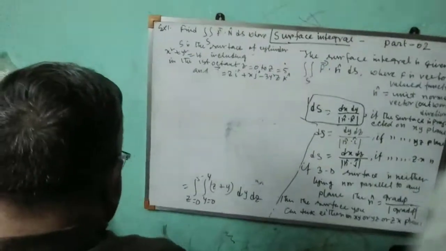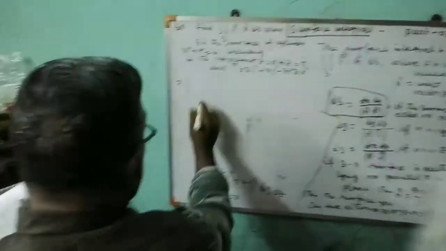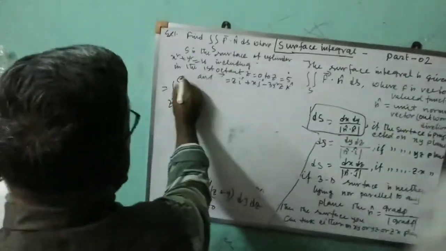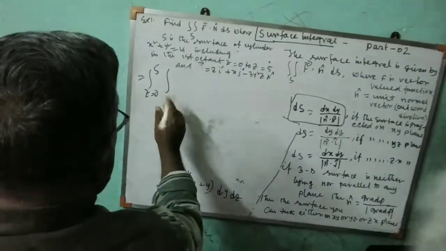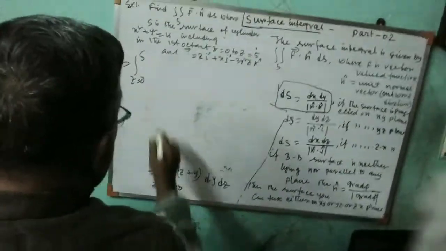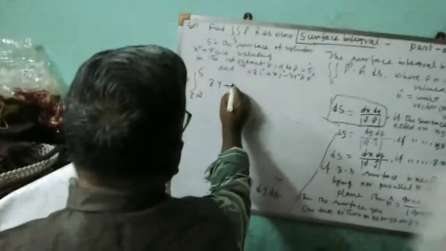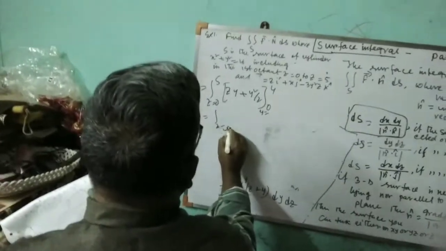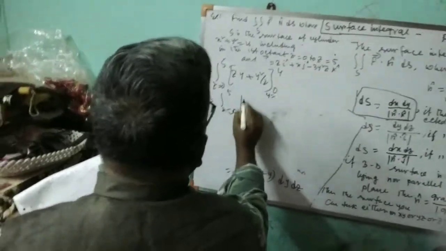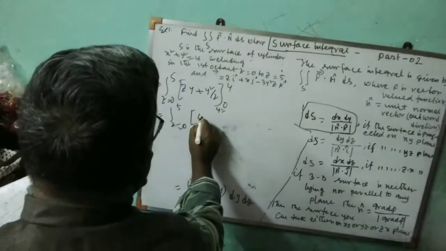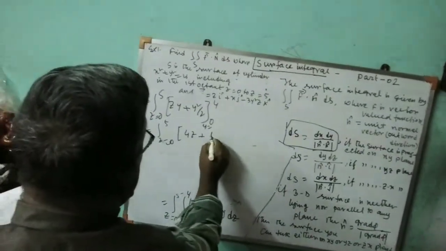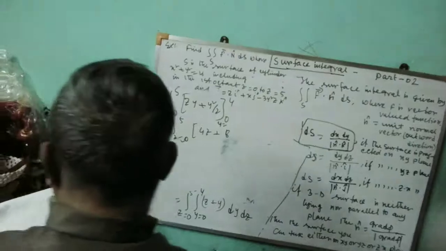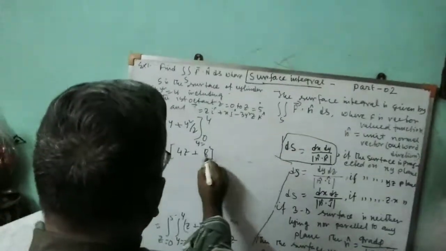So z equal to 0 to 5, and with respect to y, zy plus y square by 2, from 0 to 4. So now z equal to 0 to 5, it is 4z plus 8, into dz.